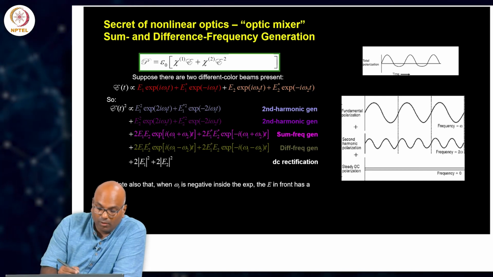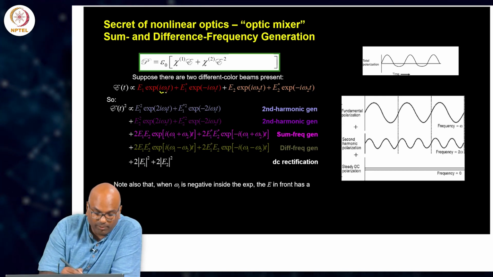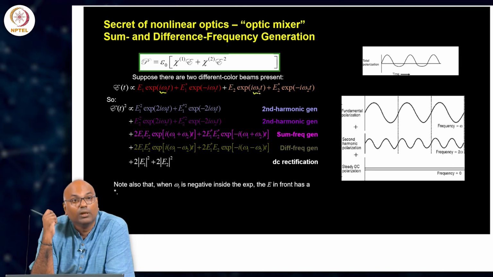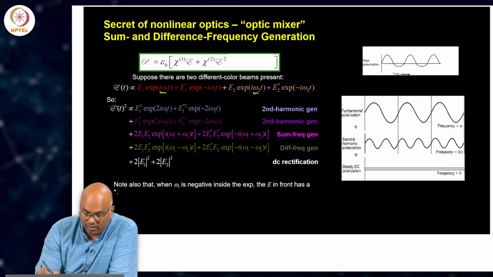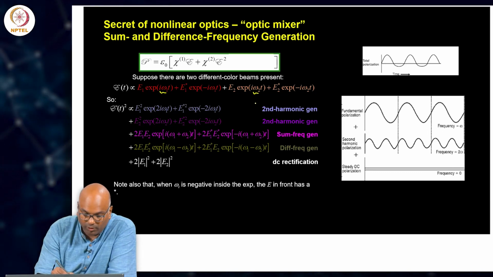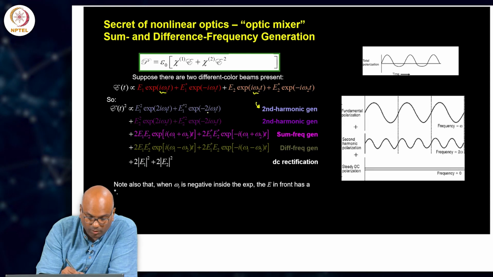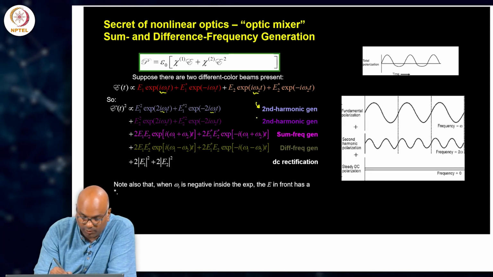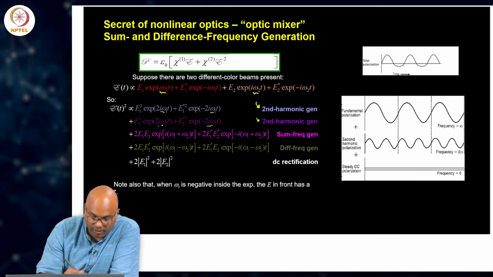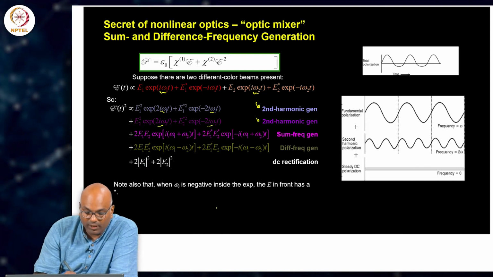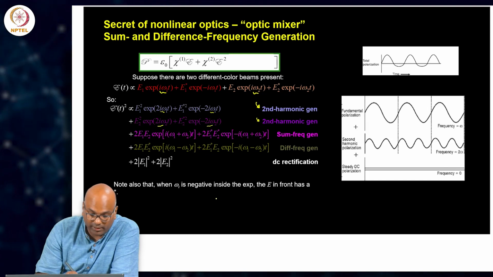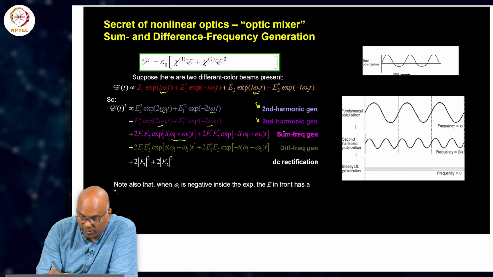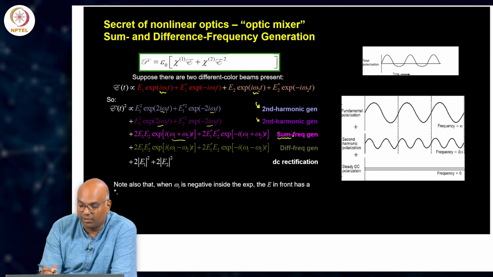terms where from an initial omega 1 or omega 2, in the case of two beams being present, we get the second harmonics for omega 1, which is twice omega 1, and second harmonics for omega 2, twice omega 2. Not only that, we also have cross terms in the quadratic expansion. So, we get omega 1 plus omega 2, which we particularly call sum frequency generation.